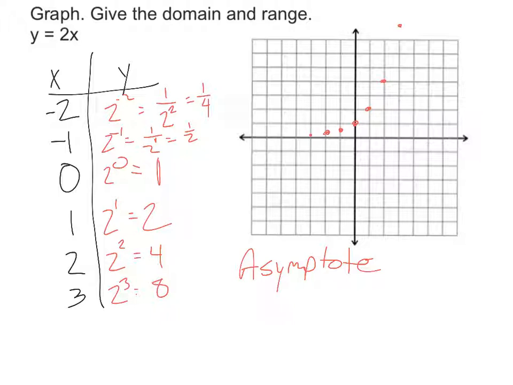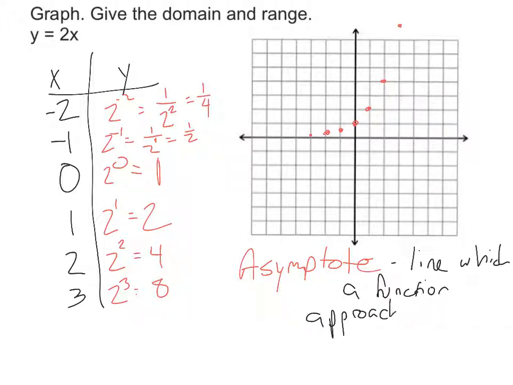That is a line which a function approaches but never reaches. Okay? Our function will get close to the x-axis, but it will never actually touch the x-axis.